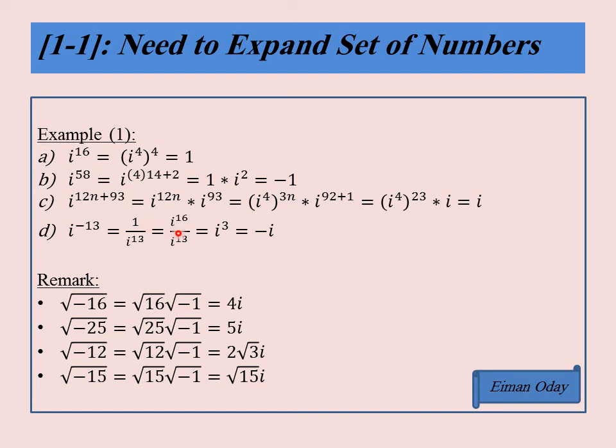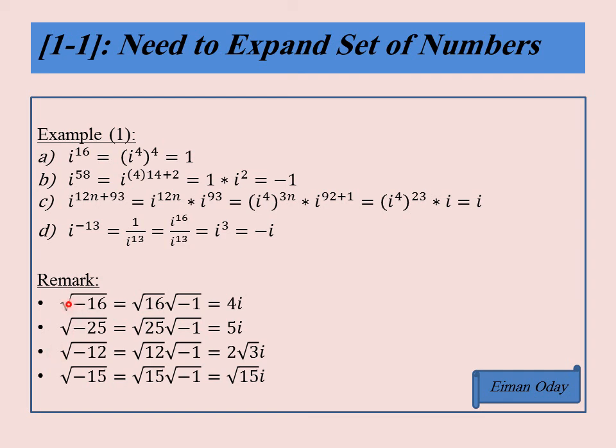So I will choose the next multiple that is greater than 13, which is 16, because i to the power 16 is already 1. So i to the power 16 over i to the power 13 in the denominator; when we divide like bases, we subtract the powers. So the answer is i cubed, and we know that this is negative i.